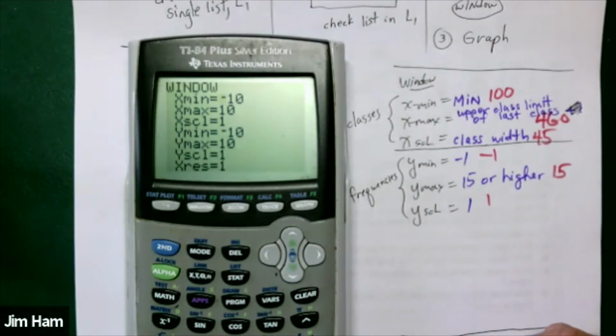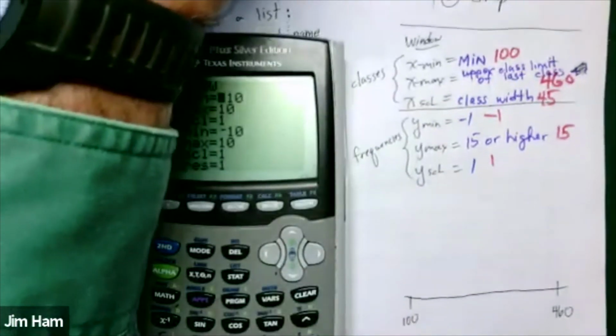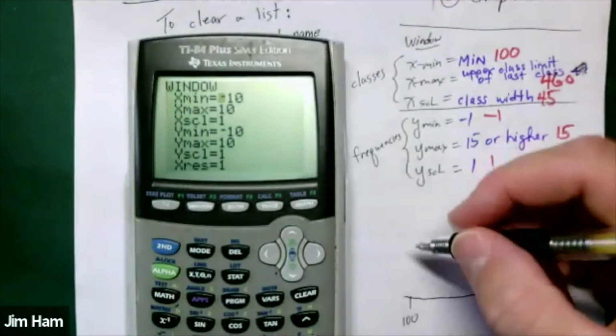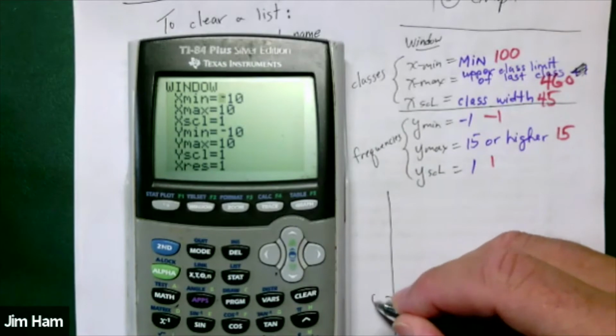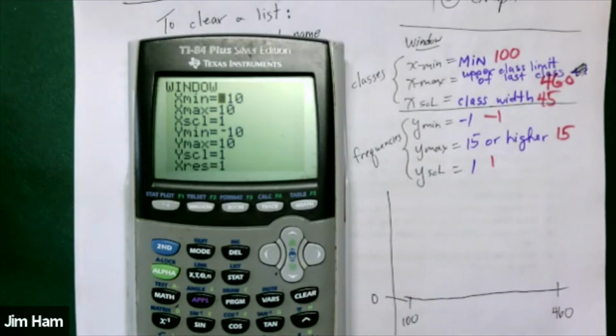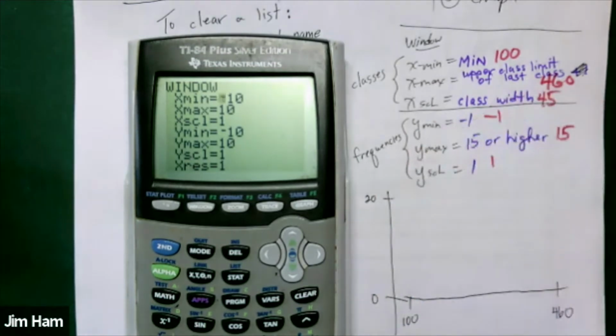Now, when we do our histogram, you might want to just draw it out. We're going to go from 100 up to 460, like this. And then for the frequencies here, there might be classes with none in them. And if we have 40 data values, probably if we go up to 20, we'll capture the tallest bar.